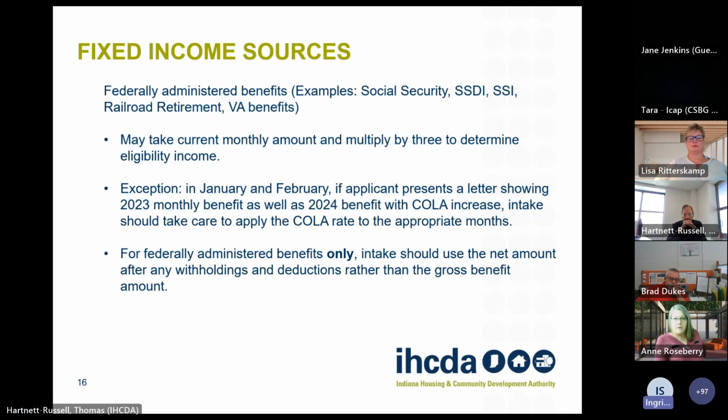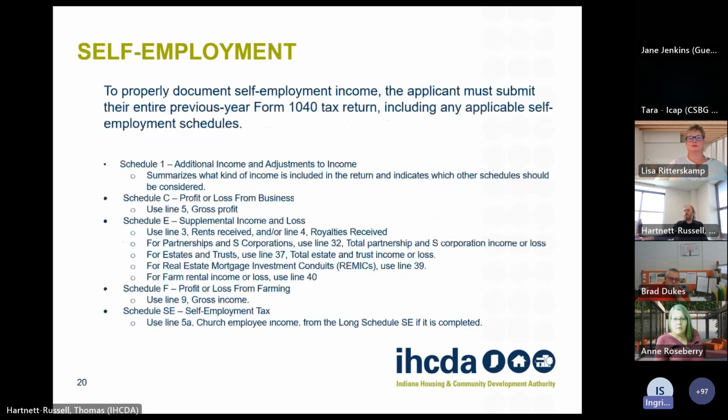Yep. Ingrid. I was going to talk about the self-employment because I had the same information that we could use an IVA if they hadn't done their taxes yet. But as I've been thinking more about it, and you did clarify that for us earlier this year in a case, I wonder if it was because somebody was not self-employed the previous year, but they were self-employed last year and just had not done the taxes yet.